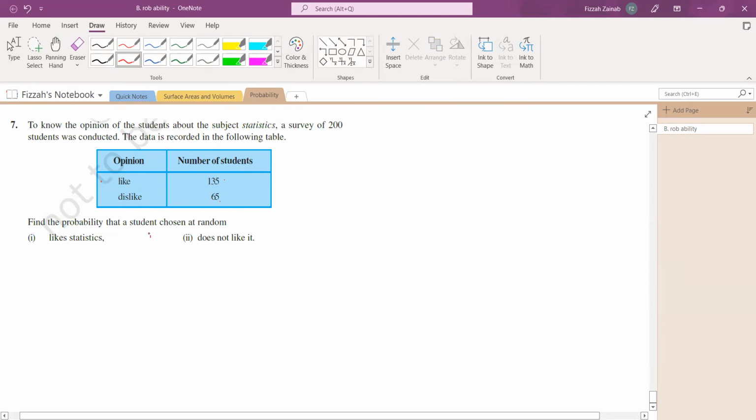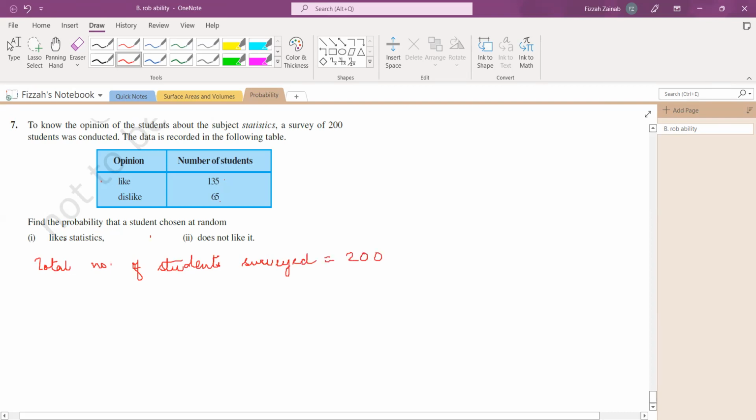Now find the probability that a student chosen at random likes statistics. So what is the total number of students for this data? 200. Total number of students surveyed is 200.